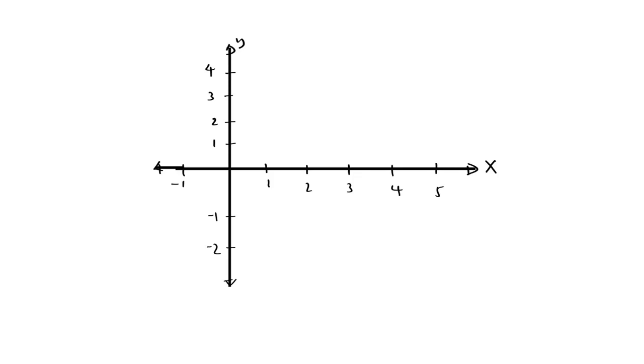Starting with point P, we are going to locate point P at (4, 1). Next, we are going to draw a perpendicular line from point P crossing the x-axis.